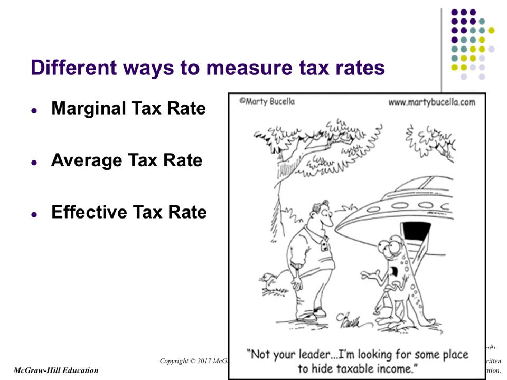Right, so there are 3 different ways to measure tax rates, and your book talks about this, and I'm going to put the definitions and some formulas in this slide for you. So marginal tax rate is the tax on the next dollar of income.